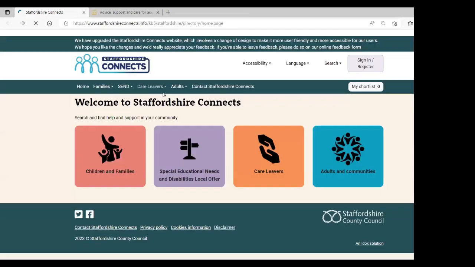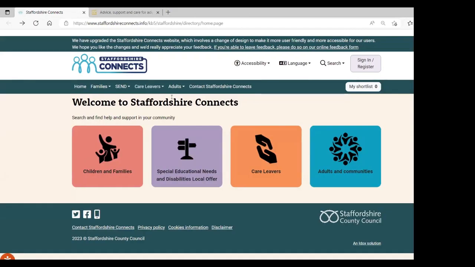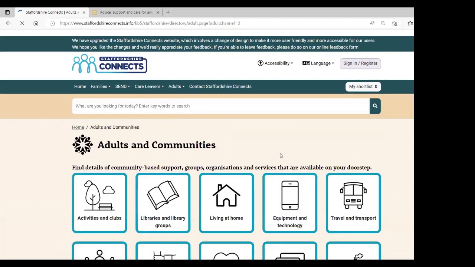So with the Staffordshire Connects page, the link that I've put on the slide takes you to this page. But as we're focusing on adults and not children or care workers or care leavers, we're clicking on adult and community. Please bear with me because I'm moving everything around so that I can think. So, okay, we've got on here activities and clubs.